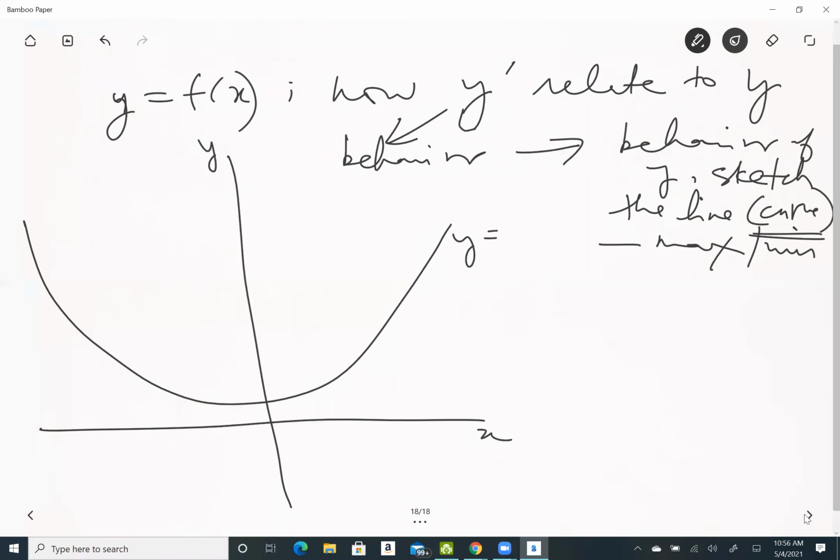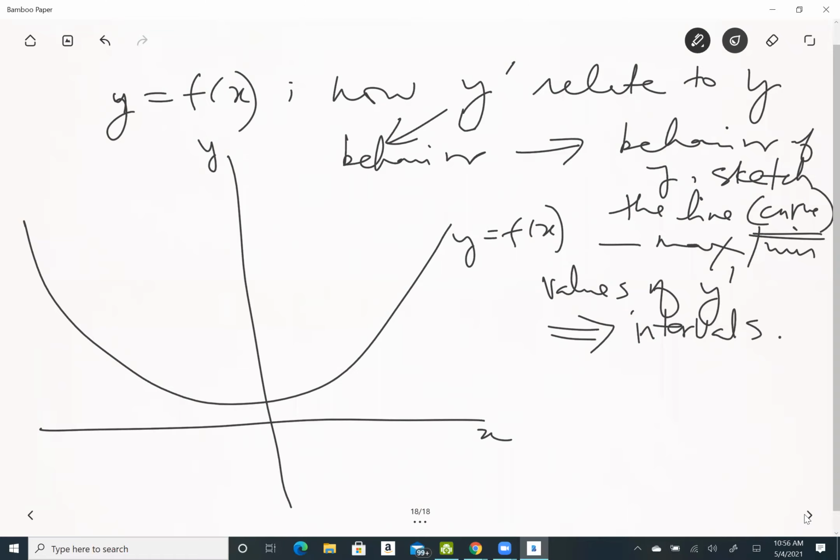This is y as a function of x. So given the function, I want to do this, all right? I want to look at the values of y prime. Okay, the values of y prime. And then you can break the values into intervals.